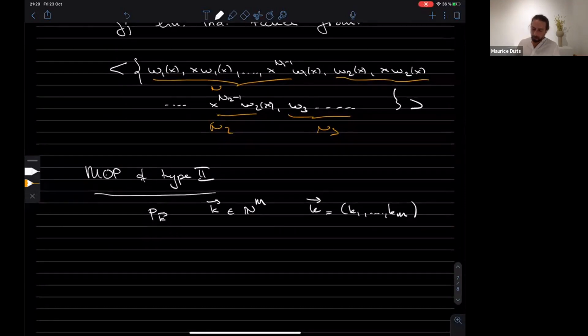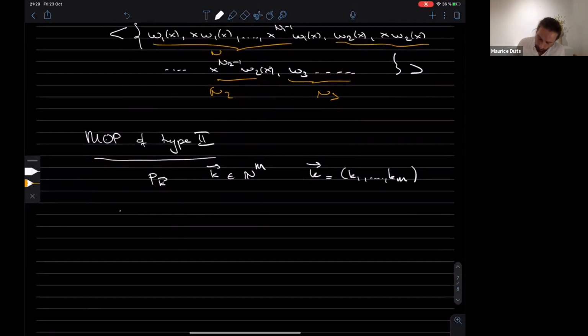Okay, and p_k is a monic polynomial of degree |k|, the length of this k1 to km, and it satisfies the following condition.